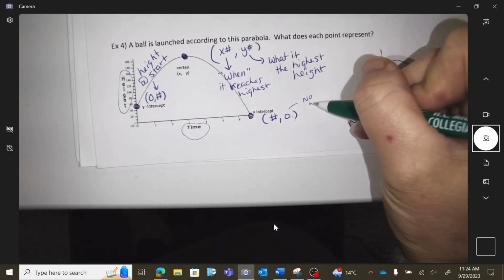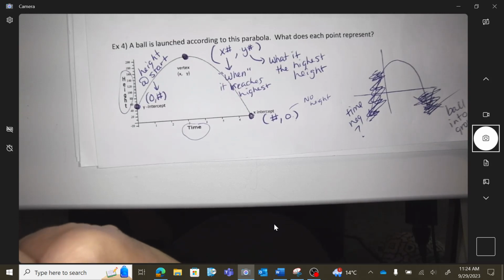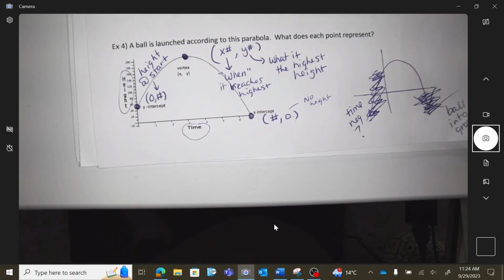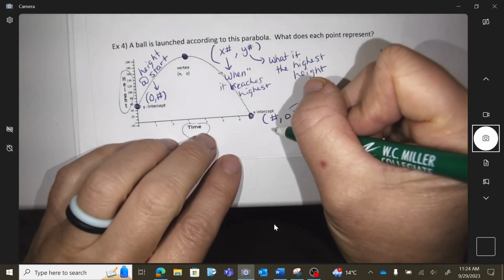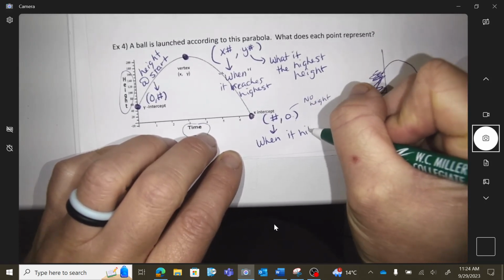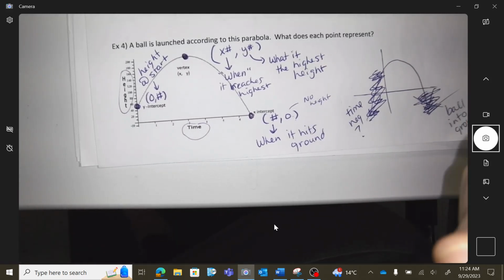There'd be no height. So what is going on if there's no height to something? What is it in the real life then? Ground. So this would represent when it hits the ground. Would that make sense? How long does it take till it hits the ground?